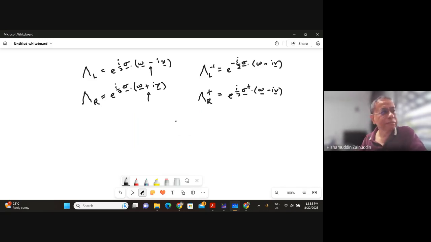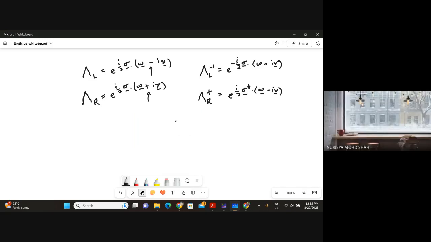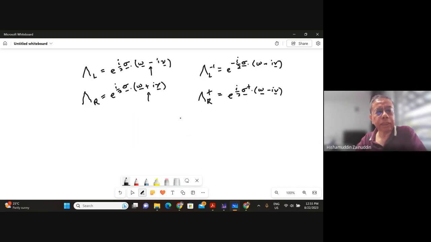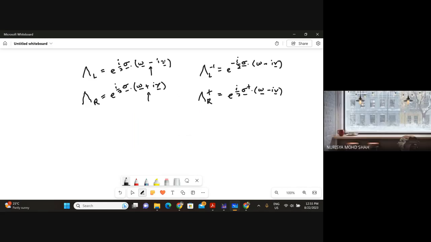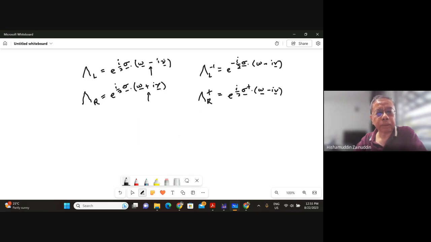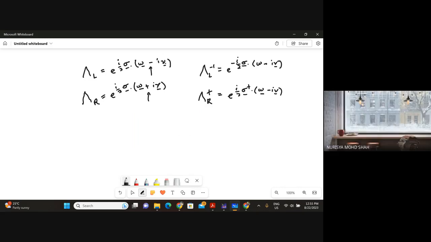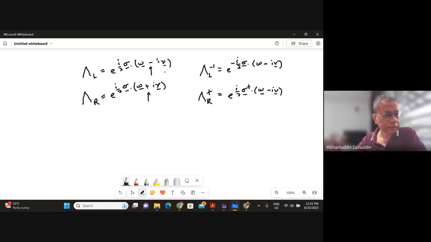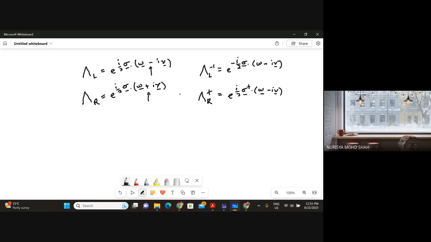They call it complex parameters because you have an i here. But mu itself is just a real parameter. Okay, real parameter.